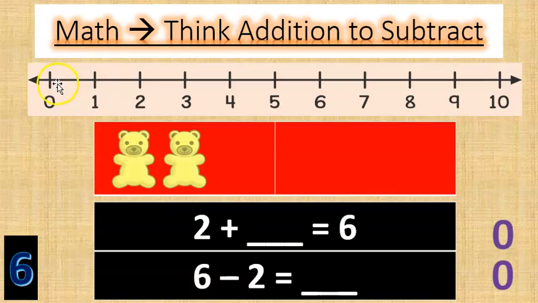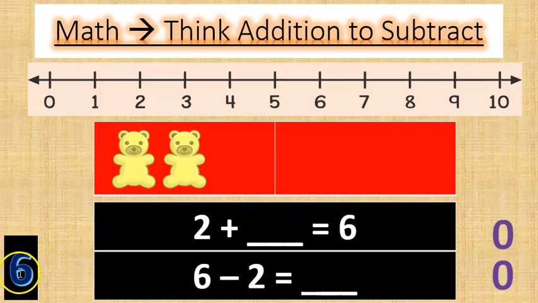And then I want you to copy down the number line. Copy this same thing here, these 2 rectangles. There are already 2 teddy bears here. You can draw circles if you want to, okay? Then I want you to draw your addition and subtraction equation here.